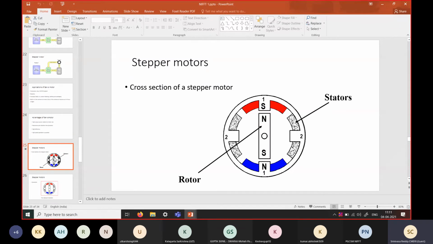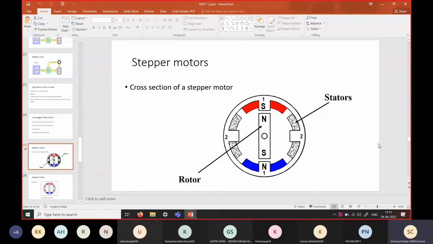A servo motor includes a DC motor, but here we are going to see a new construction of the motor. In a stepper motor, the name comes from its construction and operating principle. This stepper motor moves in kind of steps.